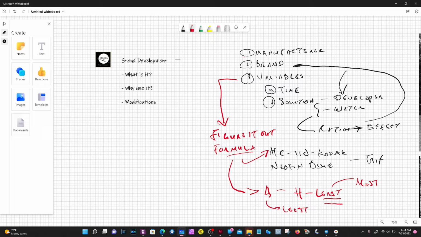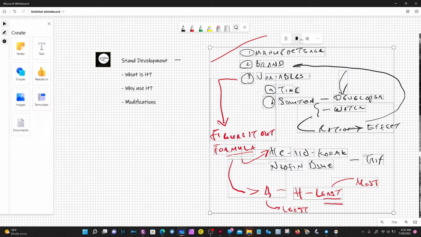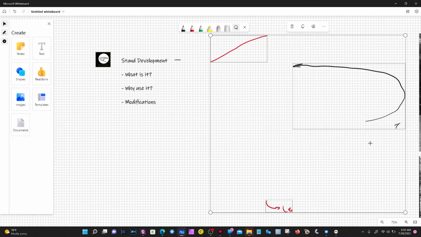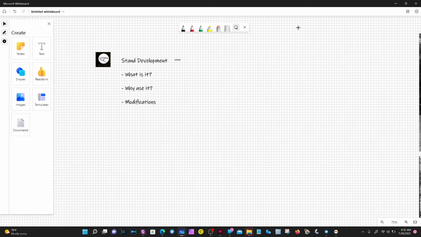Number two, one of the problems with film that you're going to run into if you come from the digital world, you know that you can change the ISO at will.